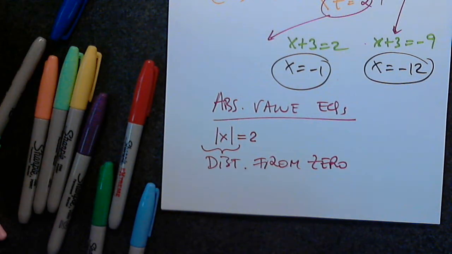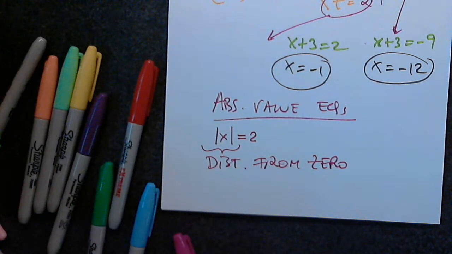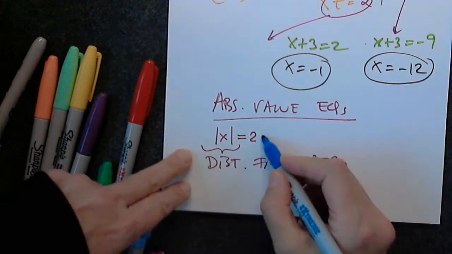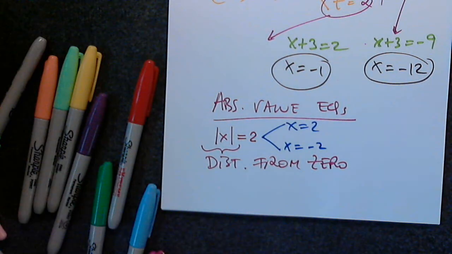The absolute value of x, distance from 0. So we are asked to find numbers whose distance from 0 is 2 units. What will you say? Excellent. That's all.